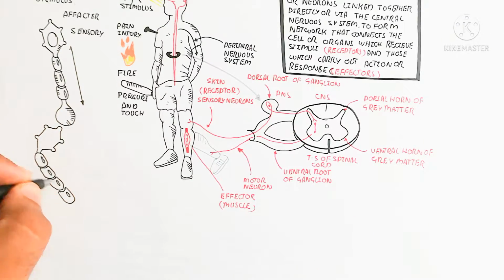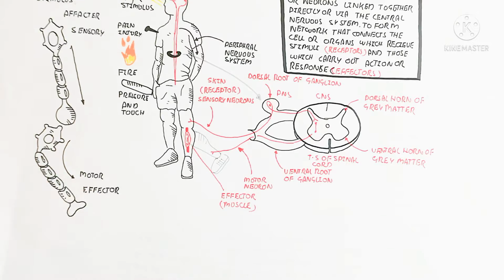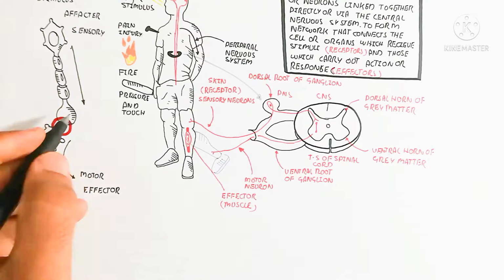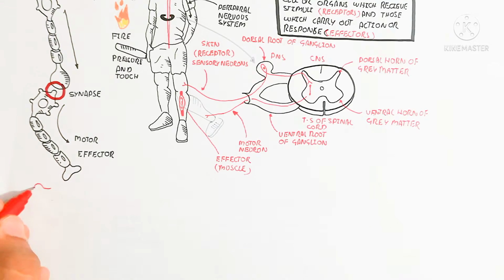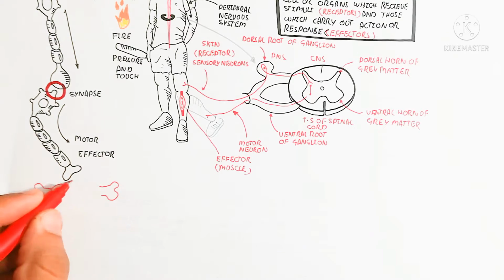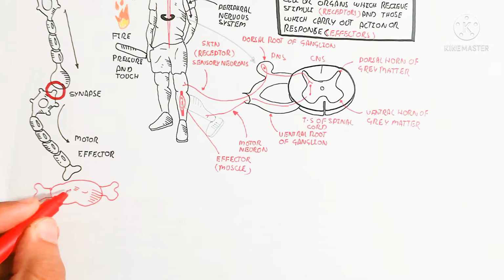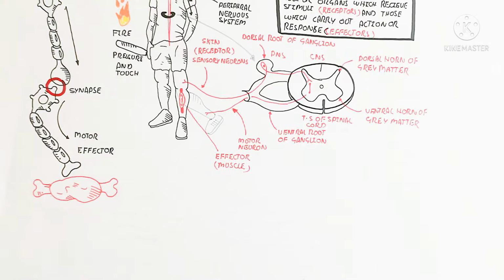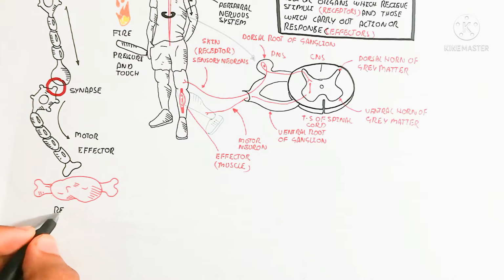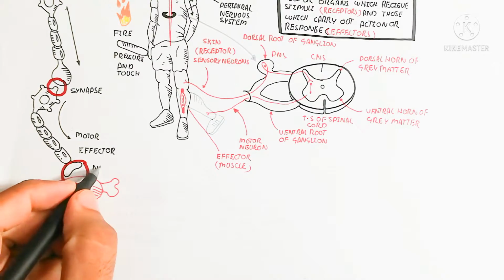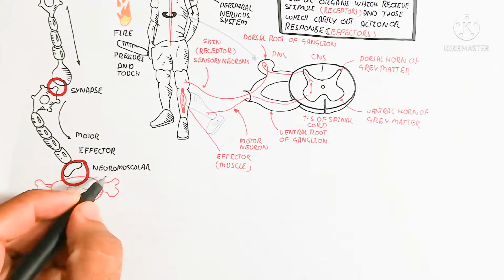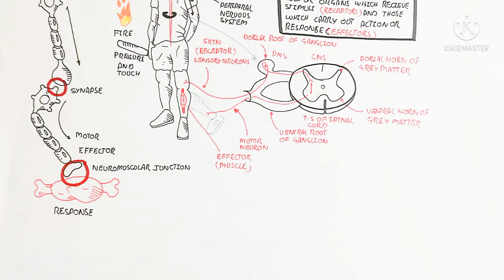The stimulus moves through the sensory neuron, across a synapse to the motor neuron, after interpretation in the spinal cord or central nervous system through the brain, and this is the neuromuscular junction, which leads to the response of muscle contraction. So the receptor is basically a cell, a neuron.